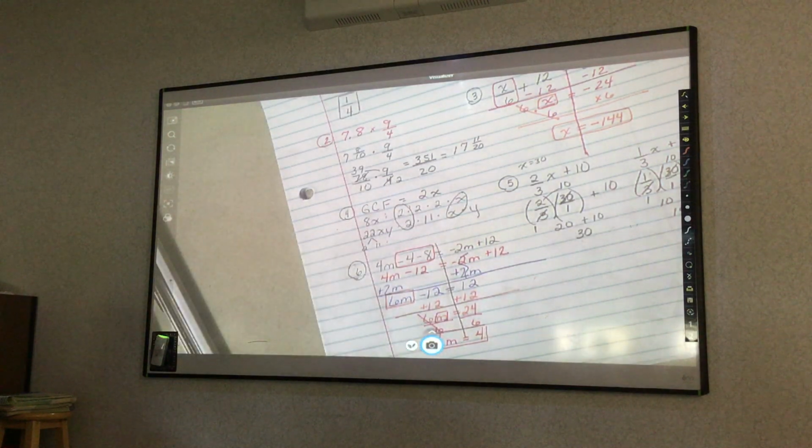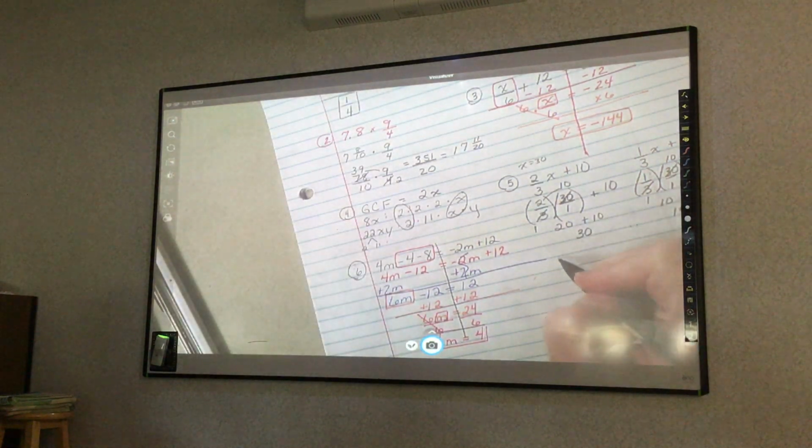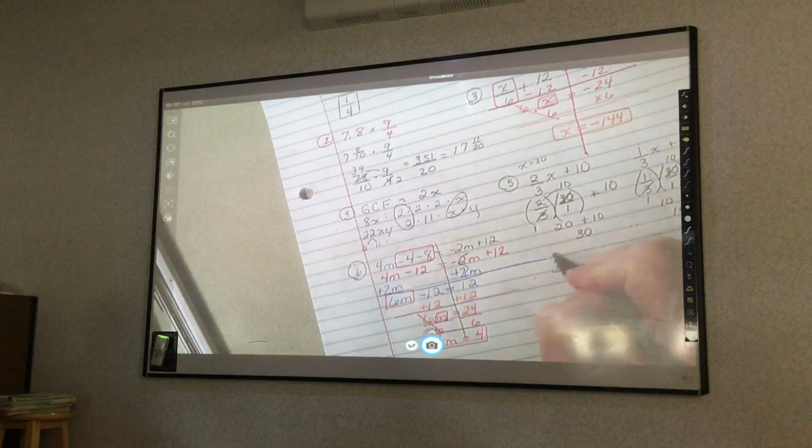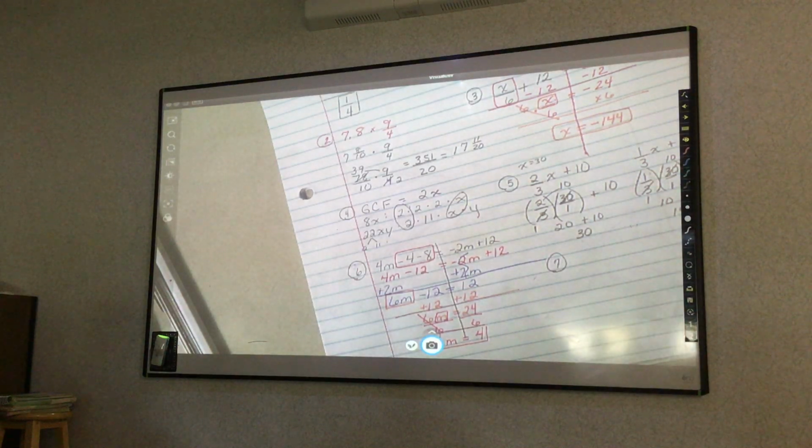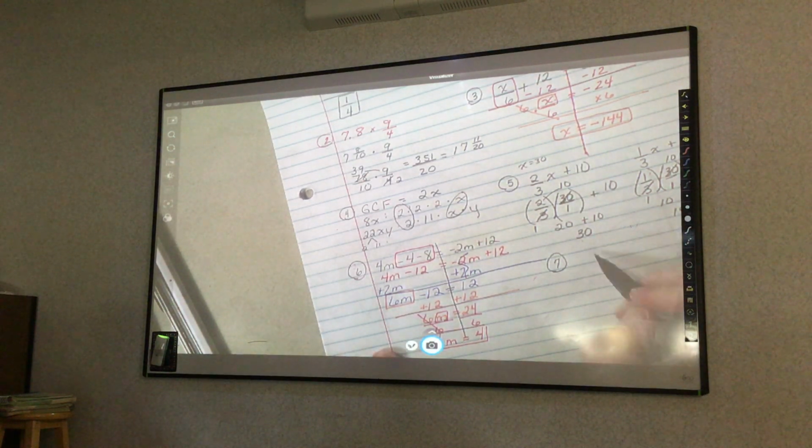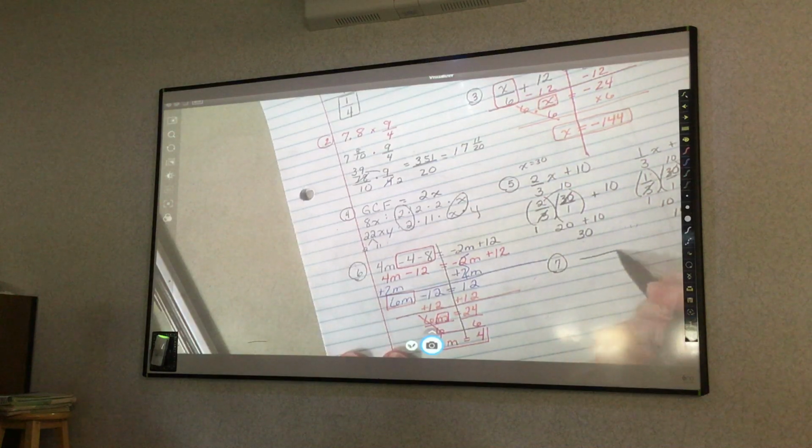Now I'm on to 7, which is like yesterday's. A living room wall is 11 feet long. How far from the corner would you have to put the edge of a 2-foot 6-inch shelf for it to be centered on the wall? So I'm going to draw my picture. You should all draw your picture.